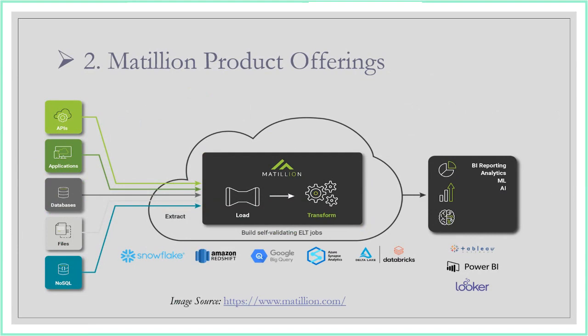So that is the flexibility when you use Snowflake as a cloud data warehouse and launch Matillion for Snowflake. You can launch in any of these three major cloud providers in the market. But Matillion for Redshift, you will need to launch only in AWS. Matillion for BigQuery, you will need to launch only in GCP.